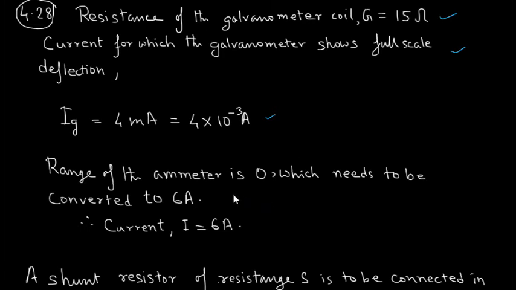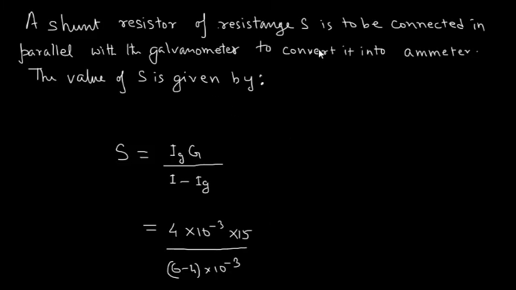The current I is equal to 6 ampere. A shunt resistor of resistance S is to be connected in parallel to the galvanometer to convert it into an ammeter. The value S is given by S is equal to Ig G upon I minus Ig.